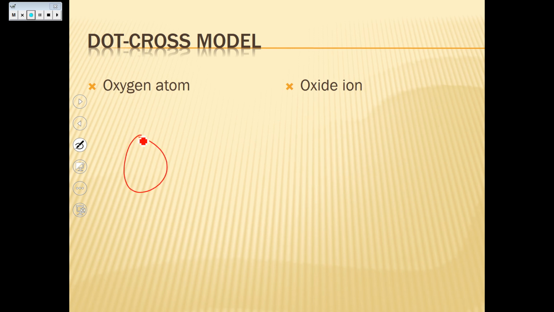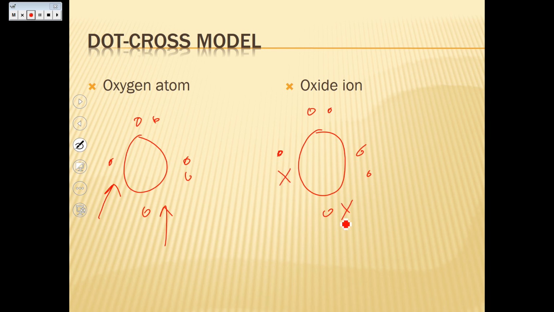Oxygen. So oxygen has 6 valence electrons. These two spots are unpaired. So in the ion, you represent those two spots being filled by electrons of another symbol to represent that those electrons came from something else.